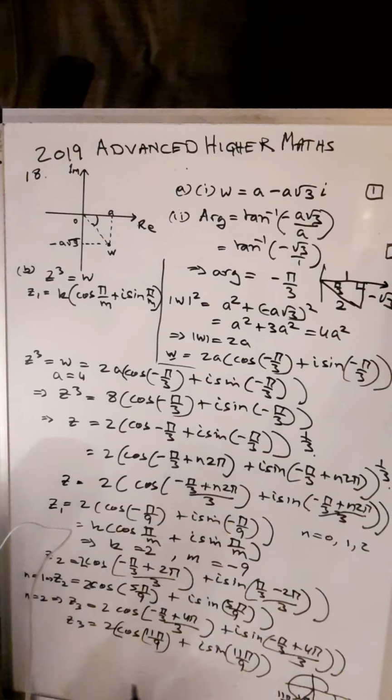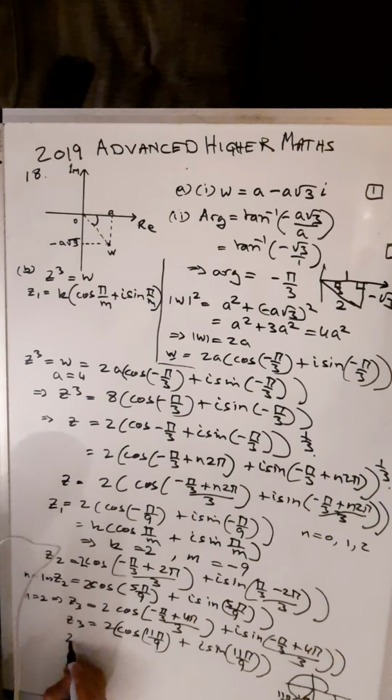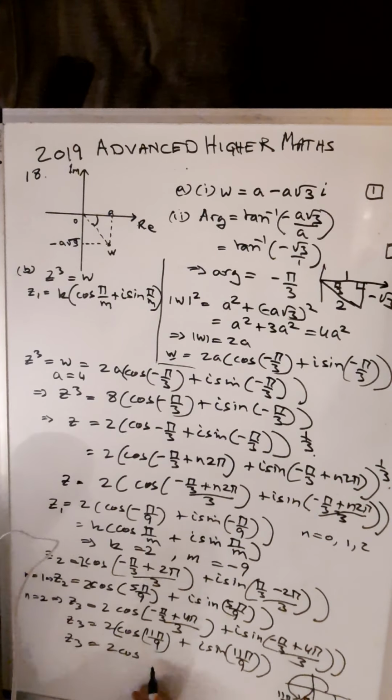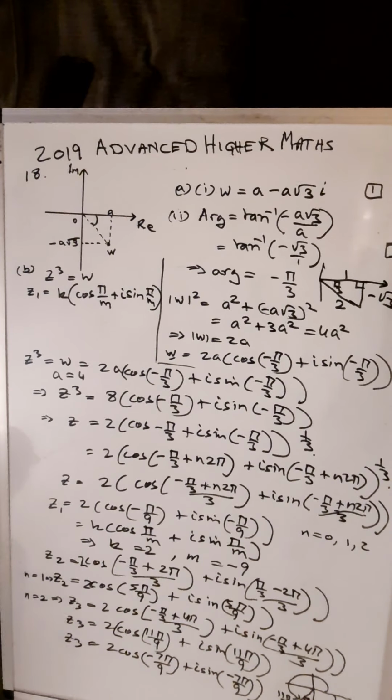You're meant to keep this between minus pi and pi, so this would be more suitable. So Z3, you'd be better writing as 2 cos minus 7 pi by 9 plus i sine minus 7 pi by 9. These are the 3 solutions.